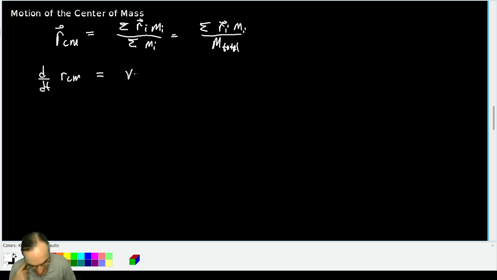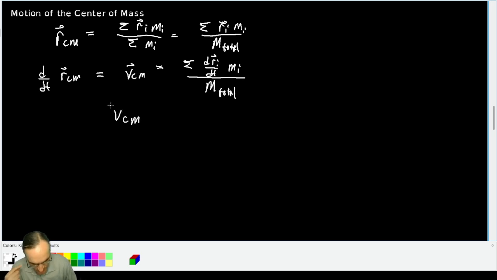If we take the derivative of this with respect to time, we're going to get the velocity of the center of mass. The velocity of the center of mass is found by taking d/dt of the summation on the top, but the mass is constant, so we just have dr_i/dt times m_i over M total.